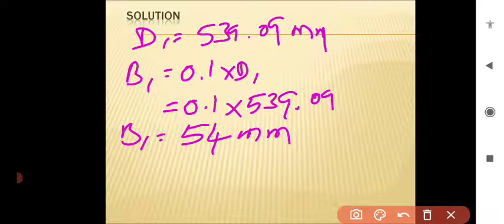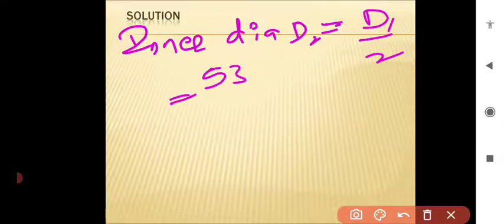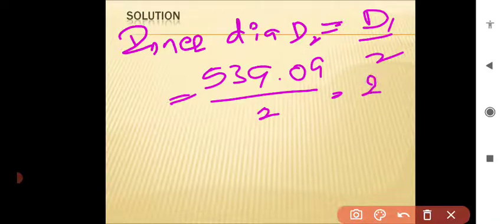Now the inner diameter of the wheel, capital D2, is equal to D1 by 2, so that is equal to 539.09 by 2, that is approximately 270 mm.